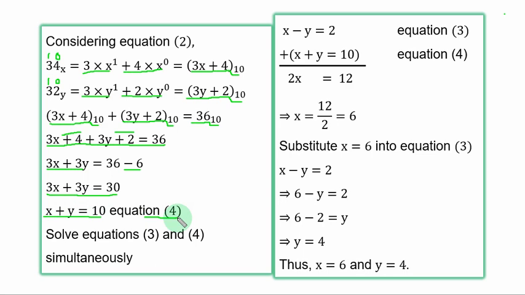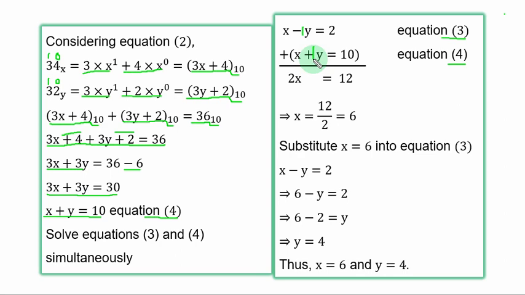Now we solve equations 3 and 4 simultaneously. So we have equations 3 and 4. I want to use the elimination method and eliminate variable y. Variable y has the same coefficient in both equations, that is 1 and 1.